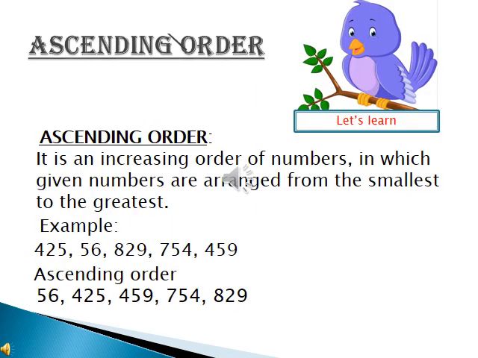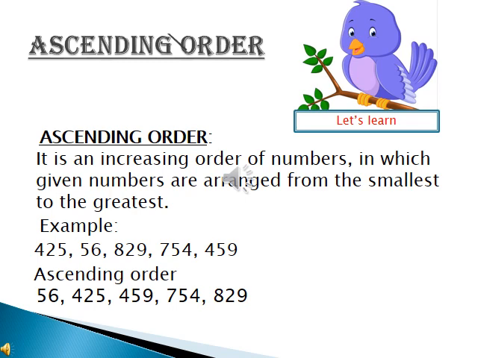Children, now my next topic is ordering of numbers, in which you will learn how to arrange given numbers in ascending and descending order. Let's start with ascending order. Ascending order is an increasing order of numbers in which given numbers are arranged from the smallest to the greatest. Look at the given example. Here, 5 numbers are given: 425, 56, 829, 754, and 459. Children, you have learned how to compare the numbers.